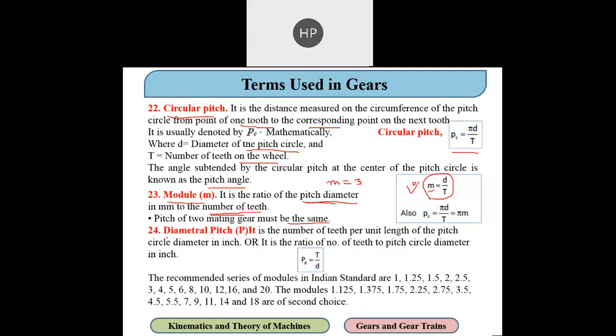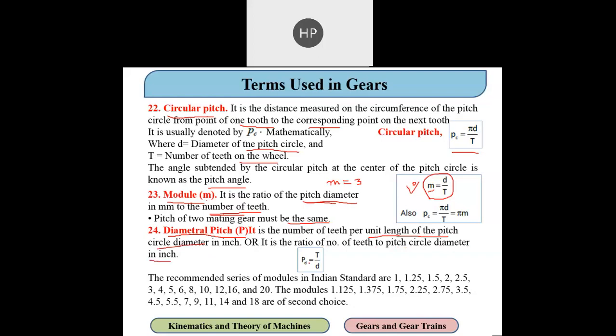Then diametral pitch. It is the number of teeth per unit length of the pitch circle diameter, or it is the ratio of the number of teeth to the pitch circle diameter.